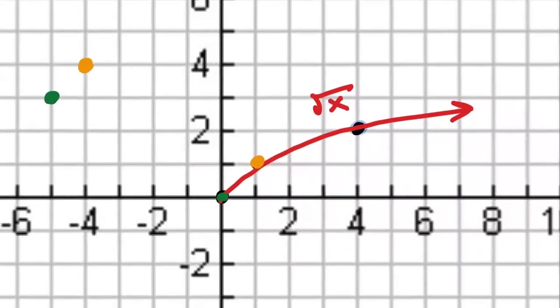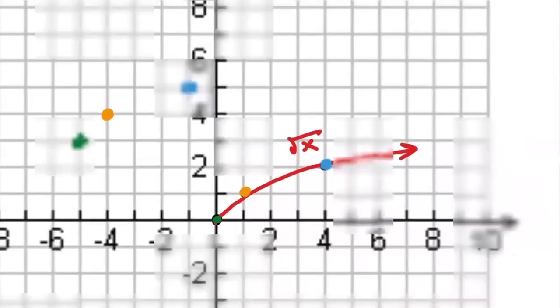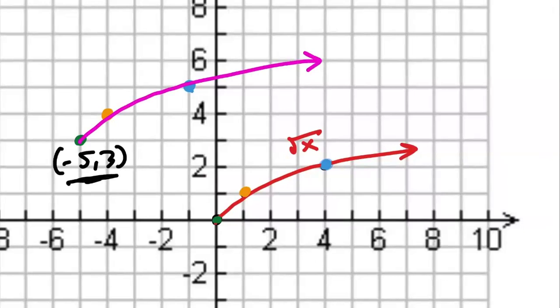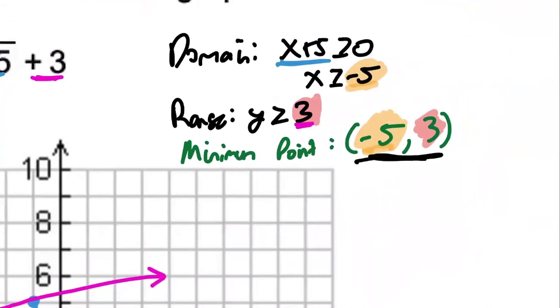Then this one, 1, 2, 3, 4, 5. 1, 2, 3. Put a dot. And if you did it correctly, you should get a graph that looks something like this. That would be your graph for the square root of x plus 5 plus 3. And as you can see, your minimum point, -5, 3, should match the minimum point that you got when you did the domain and range.